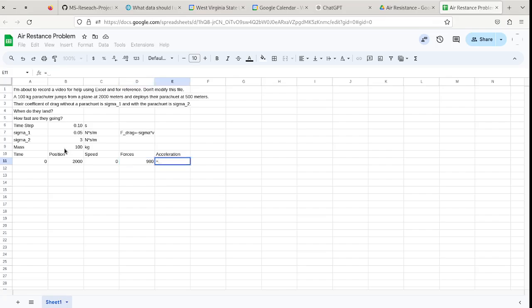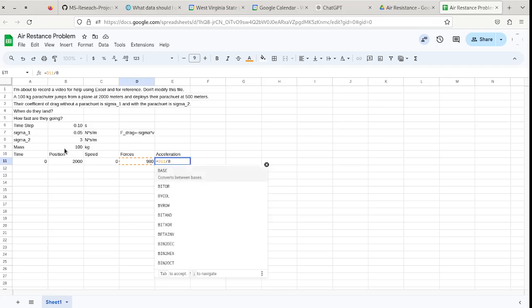And so their acceleration is equal to forces divided by their mass. However, instead of just pointing it at B9, I'm going to specify that as B$9.